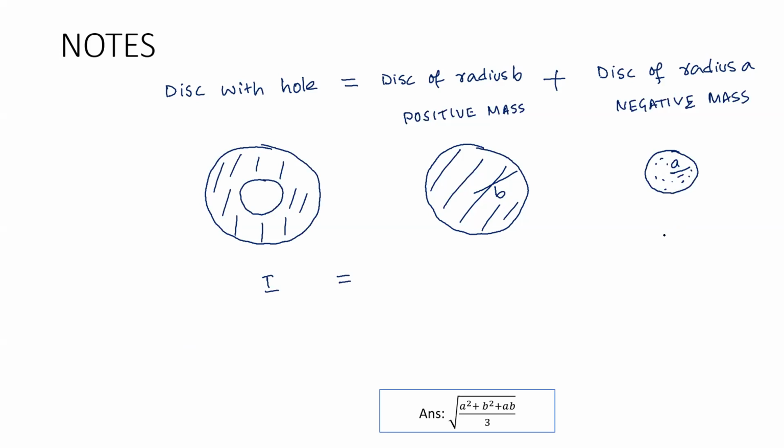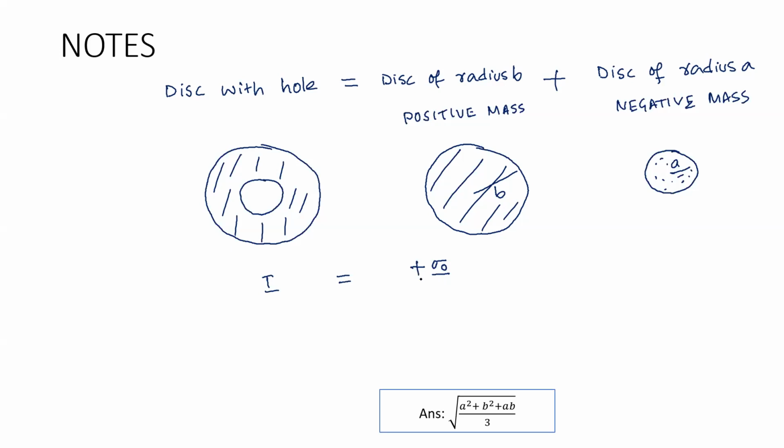Now we know moment of inertia is mr square by 2. For this, I will use positive mass. How do I get the mass? The mass per unit area is sigma naught by r. But I'll have to integrate, right?